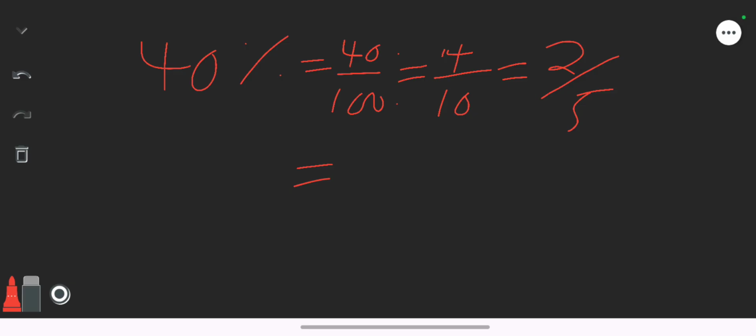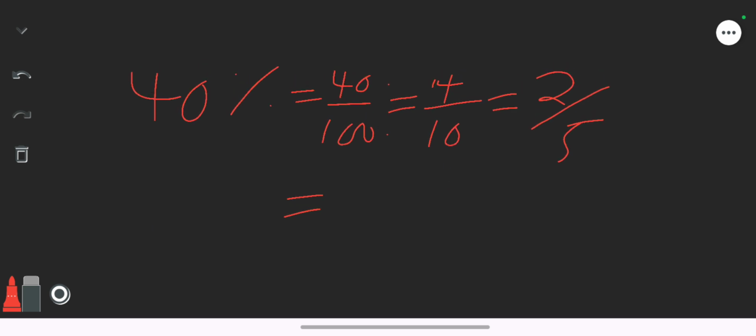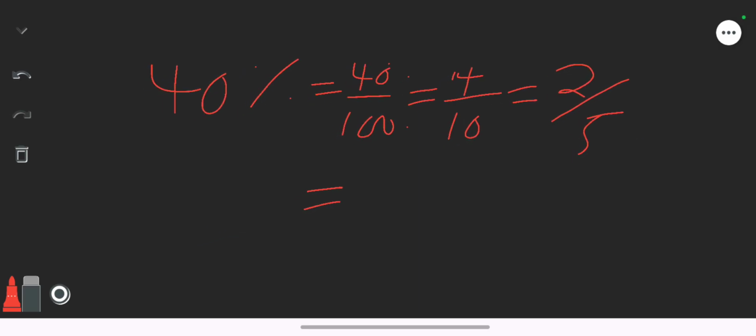The highest common factor that you can use to simplify is 20. 40 divided by 20 will give you 2, and then 100 divided by 20 will give you 5. So 20 for this case is our highest common factor.